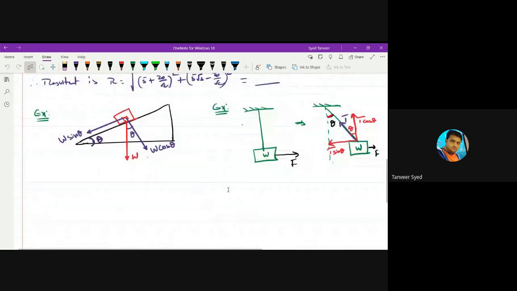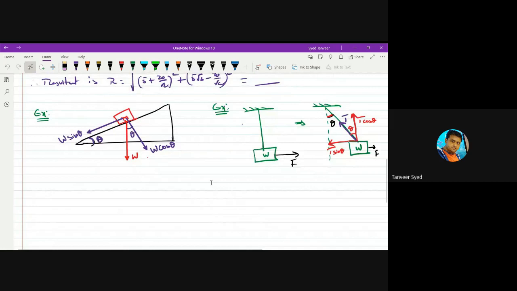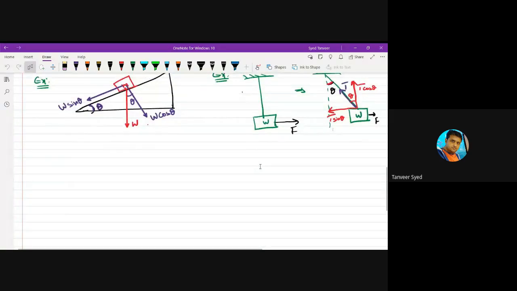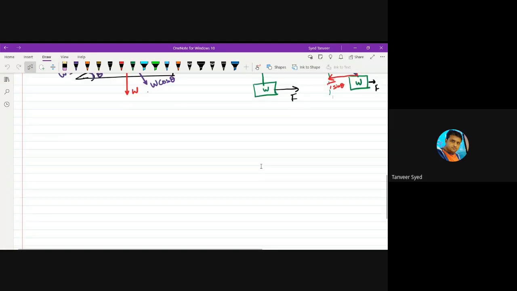Okay, after components of a vector, next thing is we can go for multiplication of vectors.